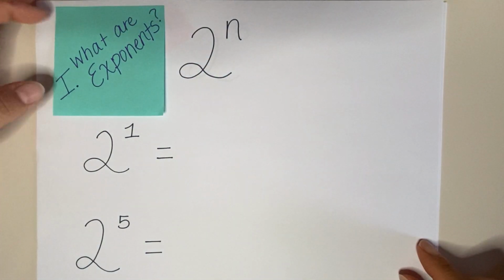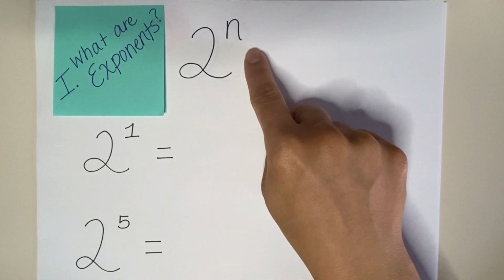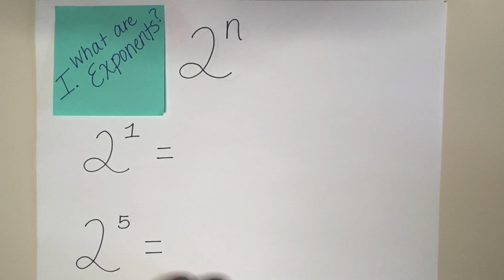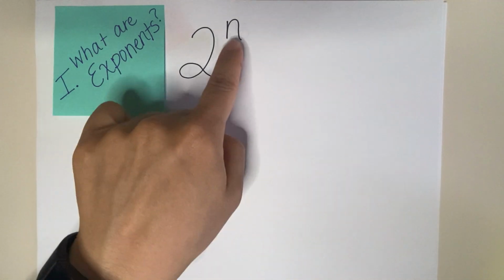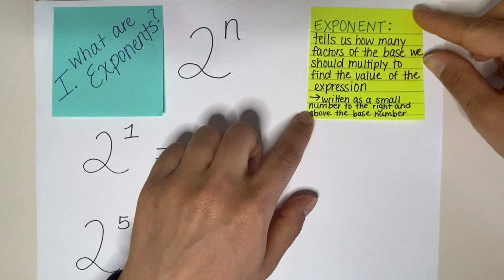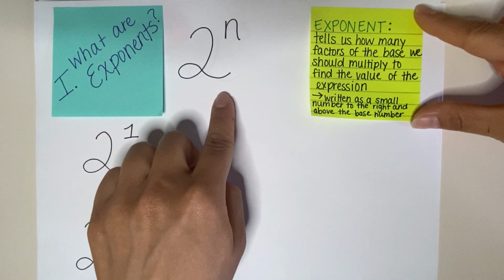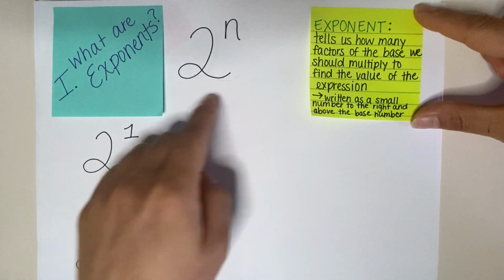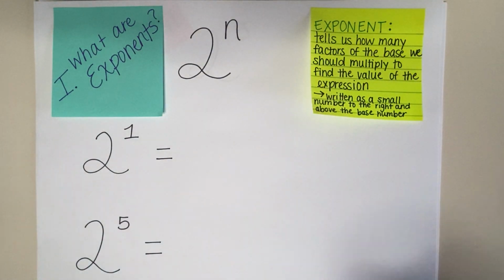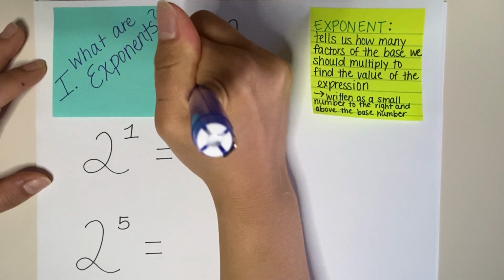What are exponents? So here we have an expression. We have 2 to the n. And you're like, this is really weird. Well, this is an exponent. And an exponent tells us how many factors of the base we should multiply to find the value of the expression. So this number right here, this is our base.